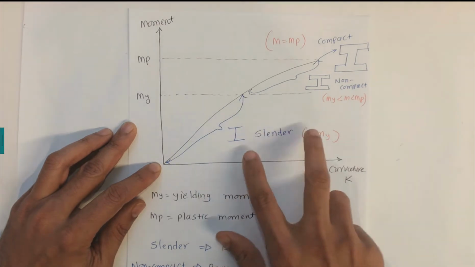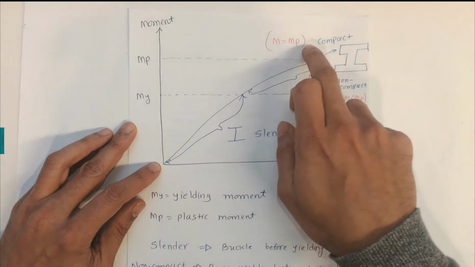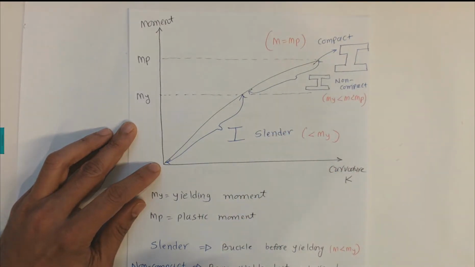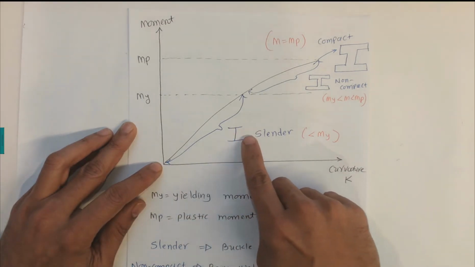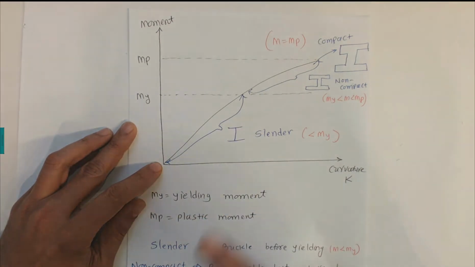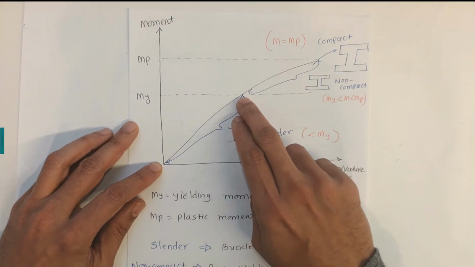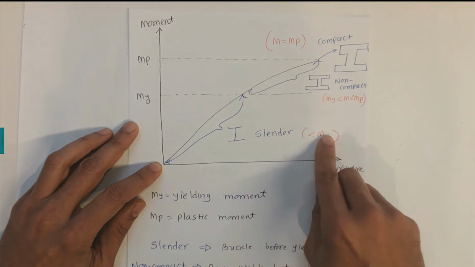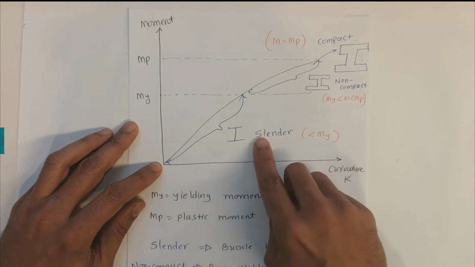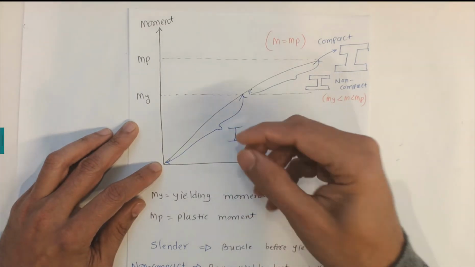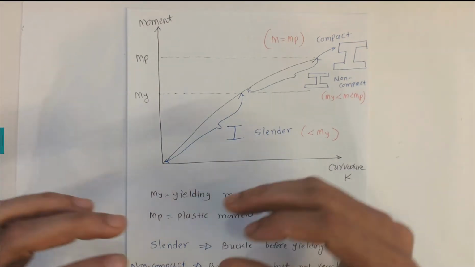The way sections are classified as slender, non-compact and compact is based on buckling. If the beam buckles before reaching the yielding moment, that is, the moment is less than the yielding moment, then it is slender. The slender one is made of very thin plates.